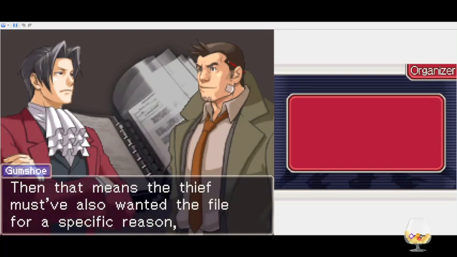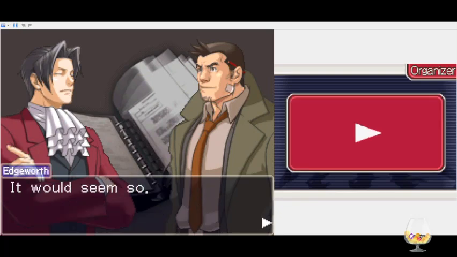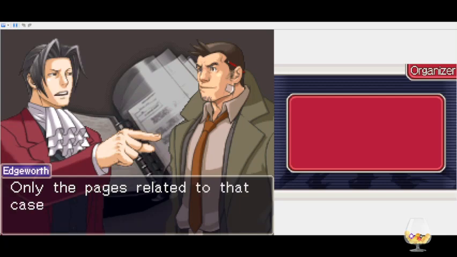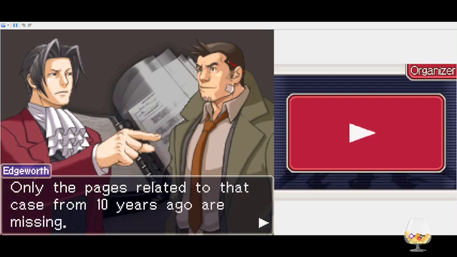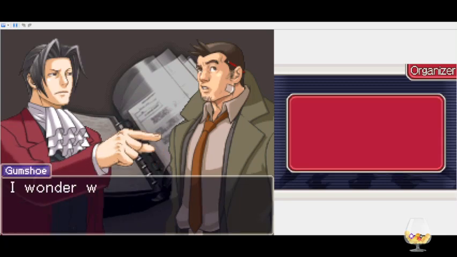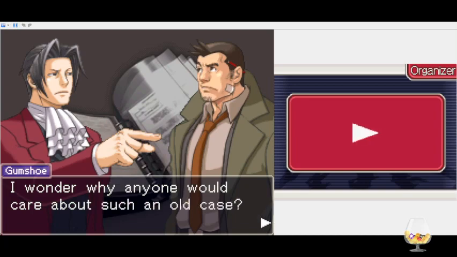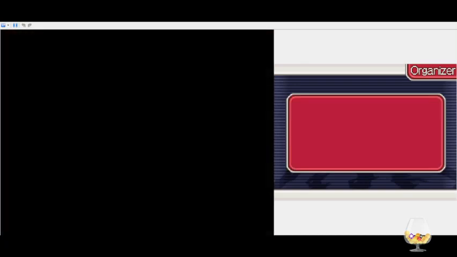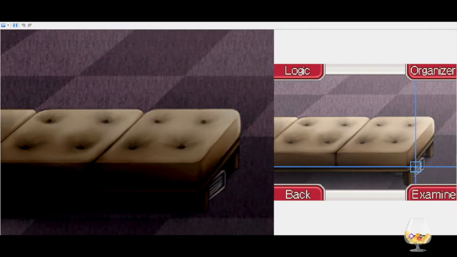That means the thief must have also wanted the file for a specific reason, right? It would seem so. Only the pages related to that case from 10 years ago are missing. I wonder why anyone would care about such an old case. Interesting indeed.